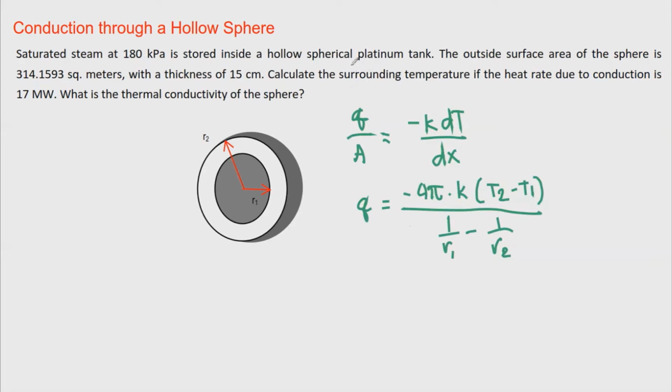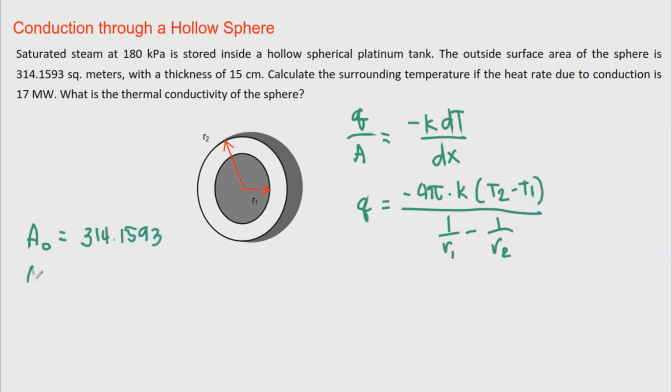So with that, let us first enumerate the given to make it easier to solve. Let's start with the radius. We need to find the radius of the sphere first. We are given the outside area, which is equal to 314.1593.